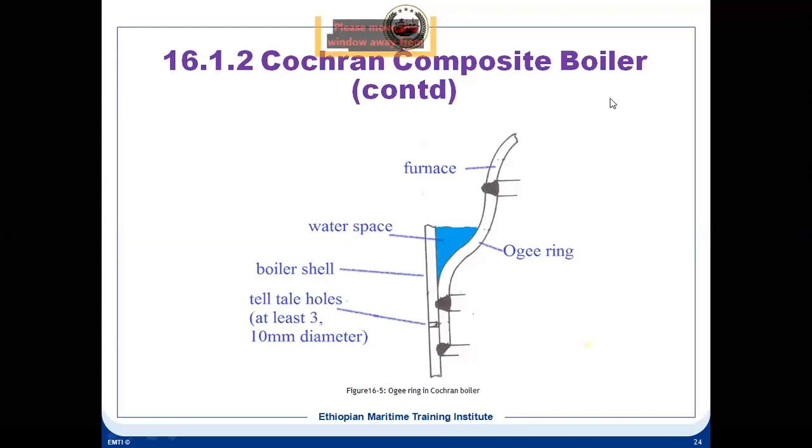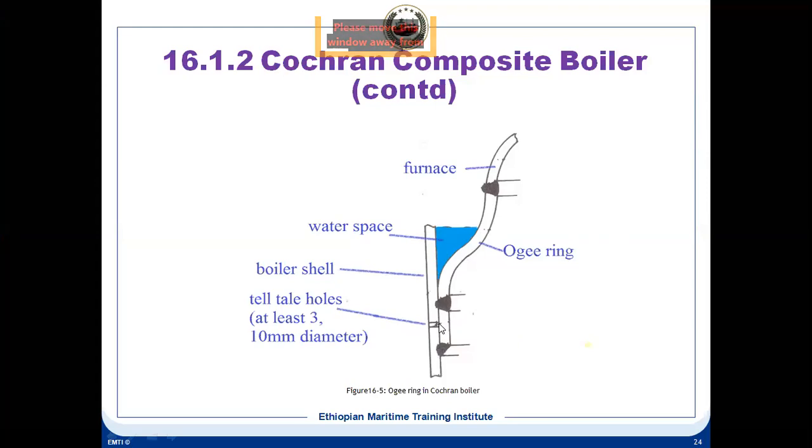So this is your hemispherical crown of the furnace. This is your OG ring, which has thicker plating than the furnace, and this OG ring is again welded to the side shell of the boiler.